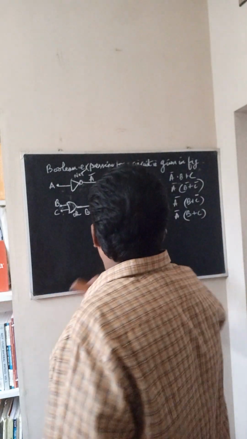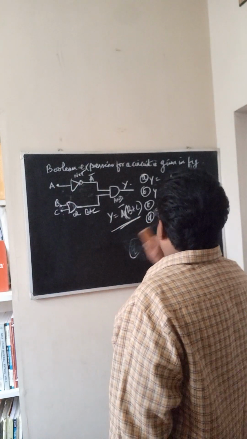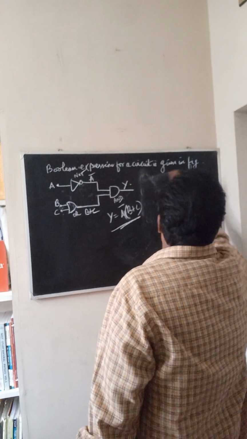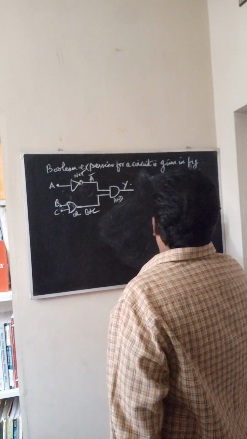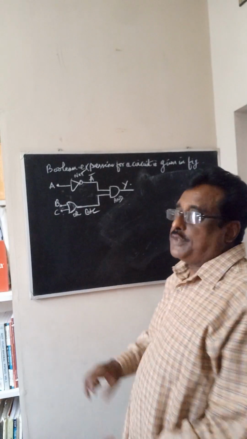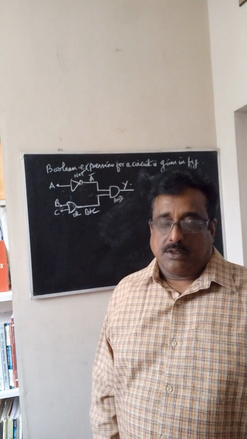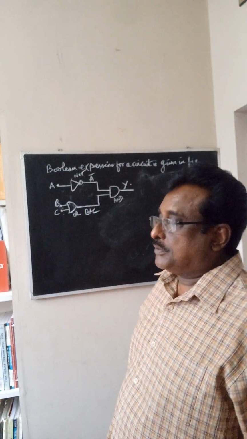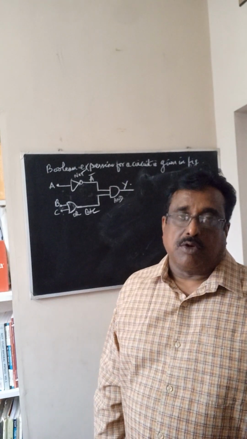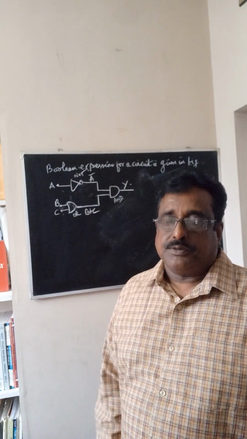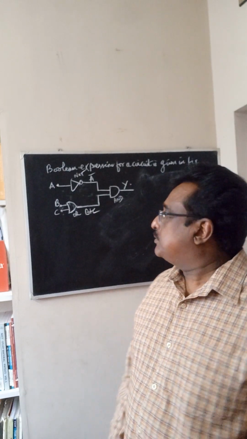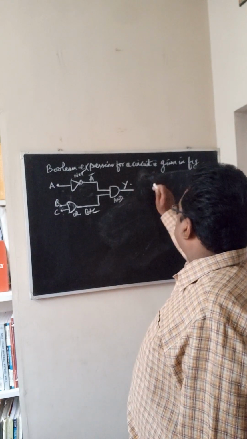For example, if they are asking you to find the truth table of this, and they are giving the truth table as options, how should you find it? So you have to put the truth table.